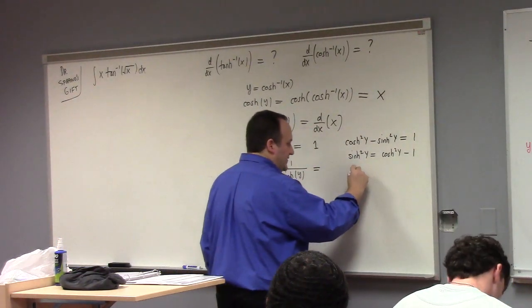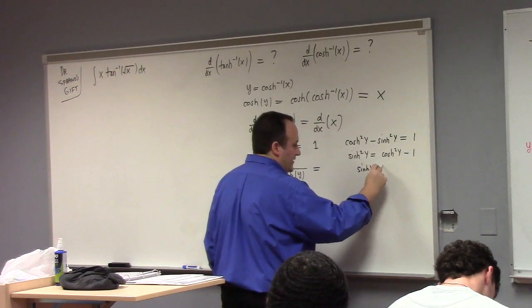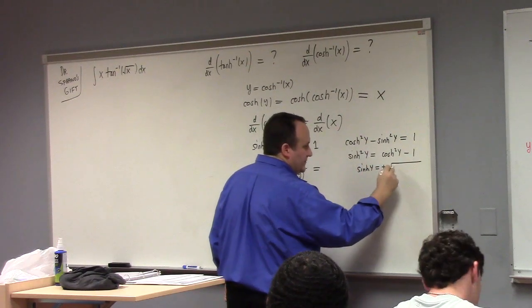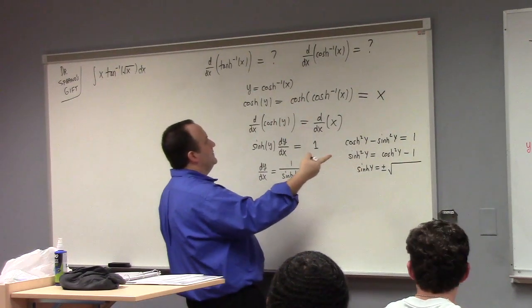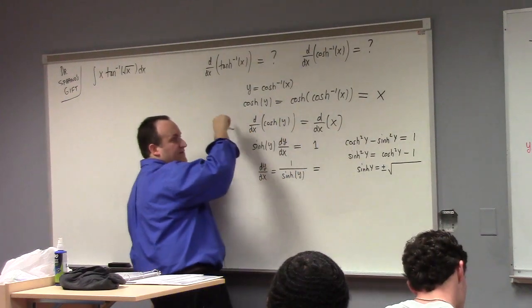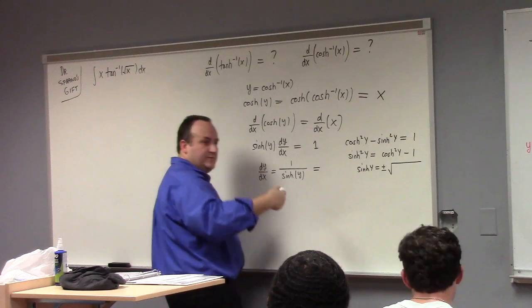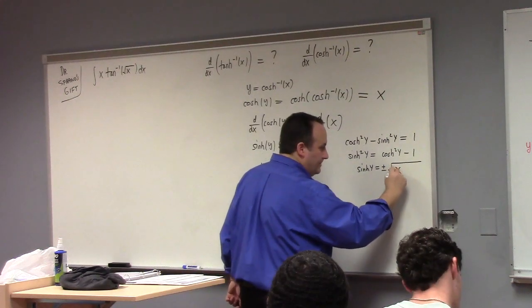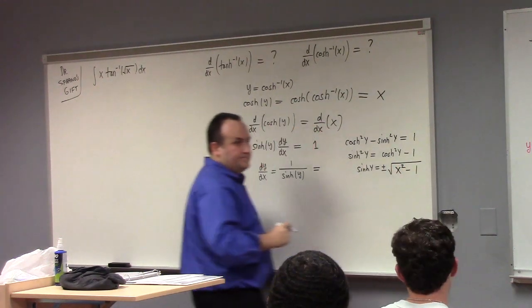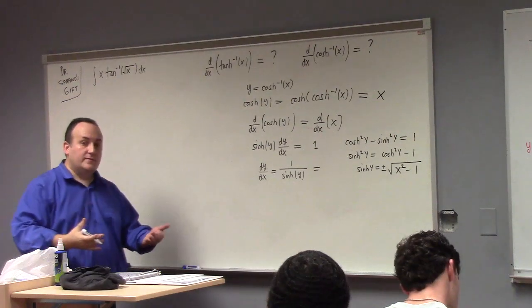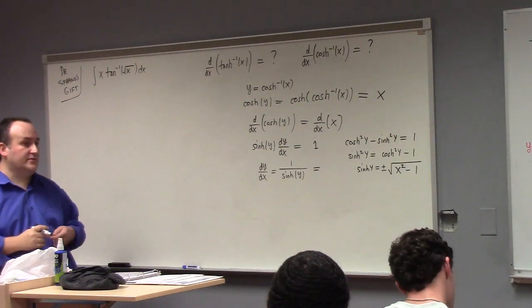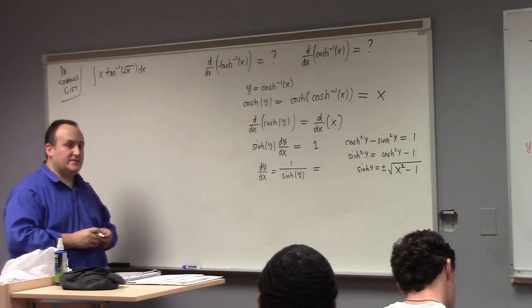What's that give us? That gives us that sinh of y is plus or minus the square root of, what was cosh y here? Remember, cosh of y up here was equal to x, so I can replace cosh of y with x. So x squared minus 1. Algebra, though, says plus or minus. How do I choose? Is it plus? Is it minus?